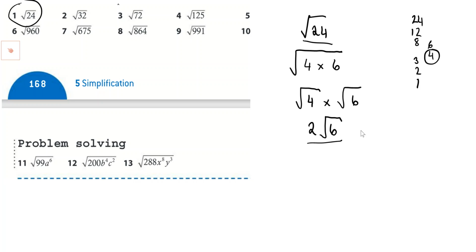Alright? And is 2 root 6 actually more useful to us than just leaving it as root 24? You are going to be in a situation where this will not be your final answer. This will be a stepping stone to a final answer. So yes, having 2 there, because now if I want to divide by 2, easy, right?